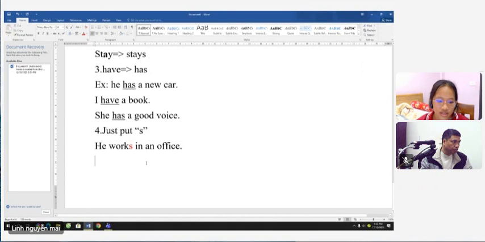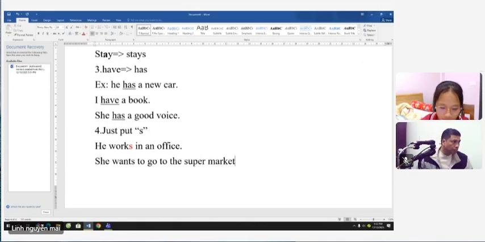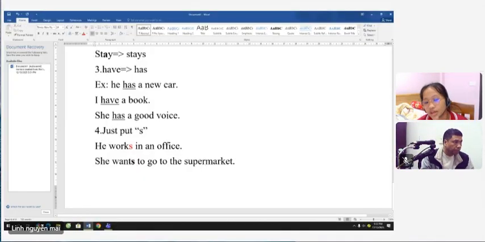Next, she wants to go to the supermarket. So here it ends in t, and this is not in any group where we should put es. So we just put s only, okay?